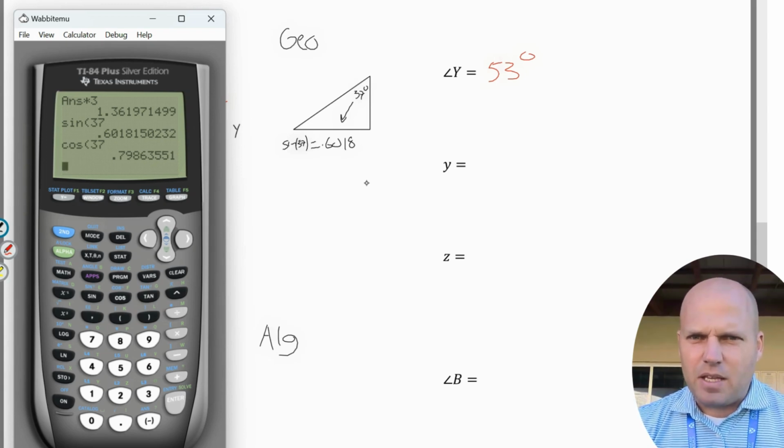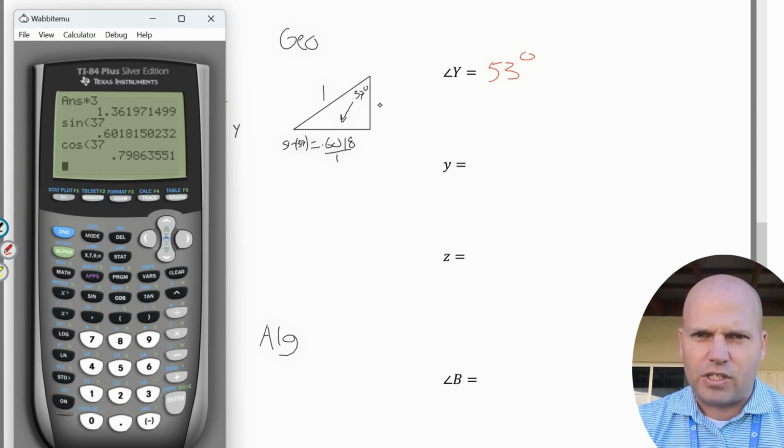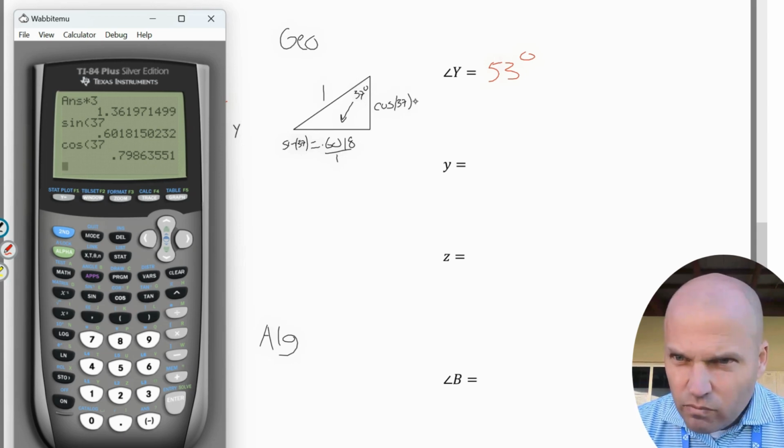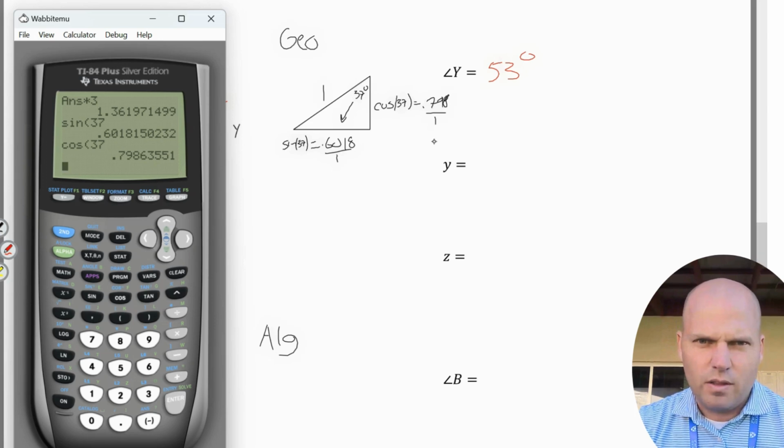And that's going to be the ratio over 1. So that means the opposite is 0.6018. The hypotenuse is 1. And the cosine of 37 is 0.798 over 1. So boom, that's 1 there and good there.